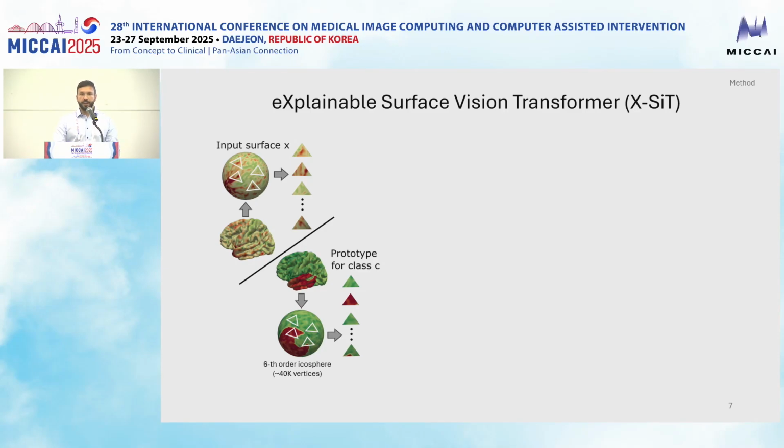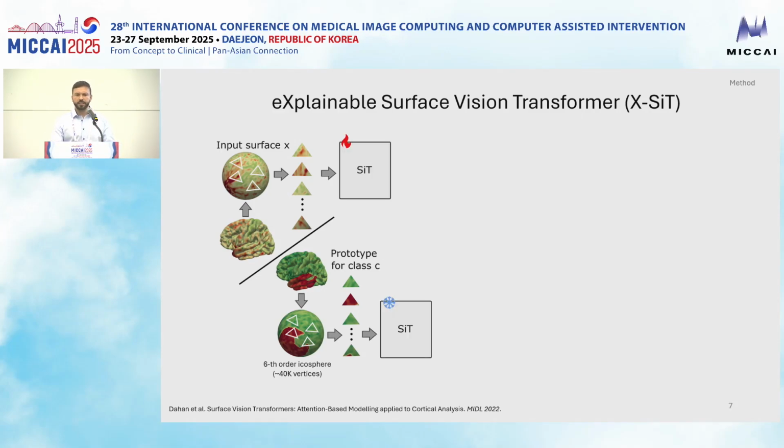We begin by inflating the cortical mesh to a sphere to get a common spherical reference coordinate system, and from this we can extract corresponding patches from the input surface and the prototype. This is useful because we can use it as an input to the so-called surface vision transformer.